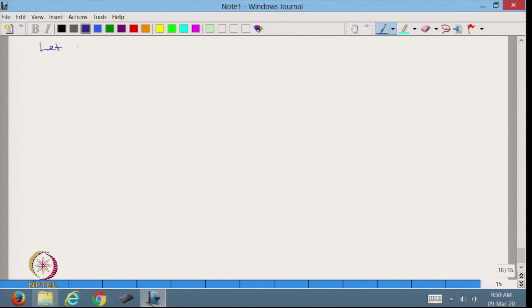Let us now compute PDF of W. Therefore, g_W is equal to integration of half e to the power minus z dz. So, we are now integrating out z.